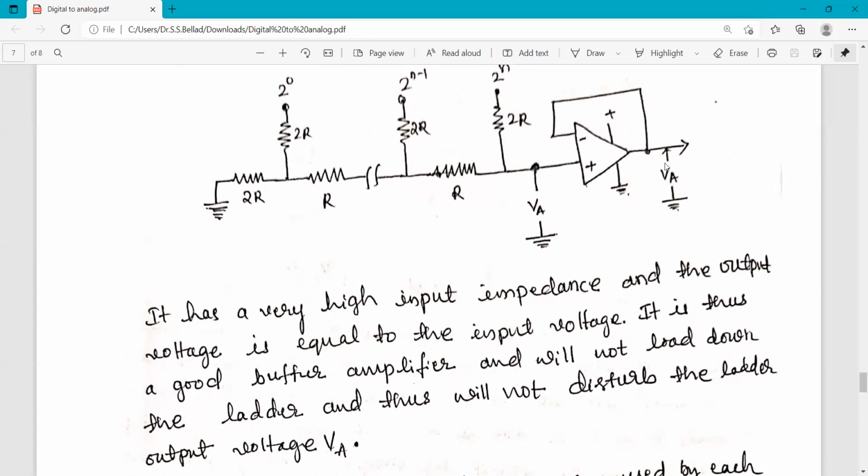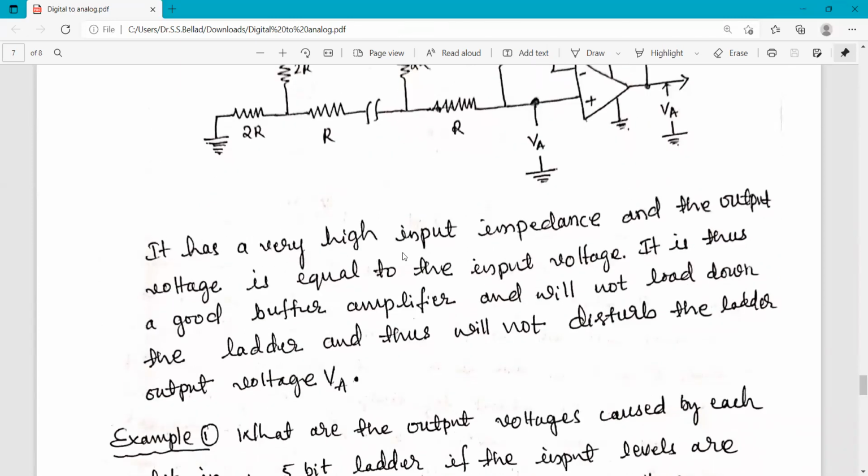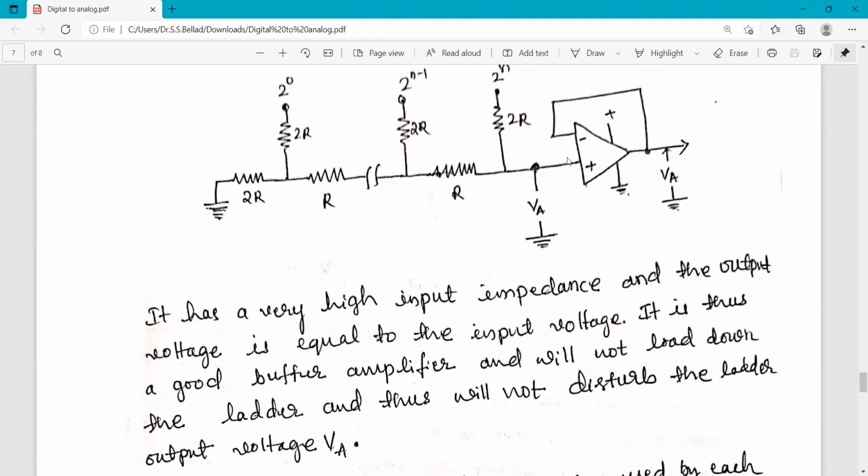The only thing is that you get a good, constant, stabilized output by making use of this buffer amplifier. It has a very high input impedance, and the output voltage is equal to the input voltage. Since the impedance is very high, that helps this ladder network to function properly.